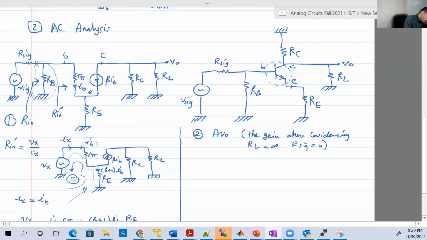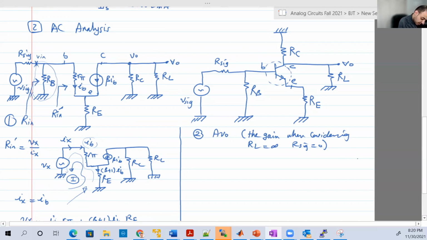Or you can say it's the voltage at that point, VO, without RL, over the voltage of that point, which we can call Vn. We can draw the circuit using just without RL and without the input signal.